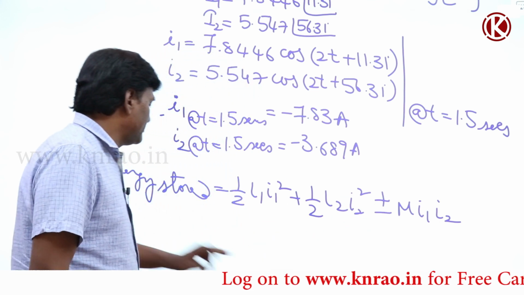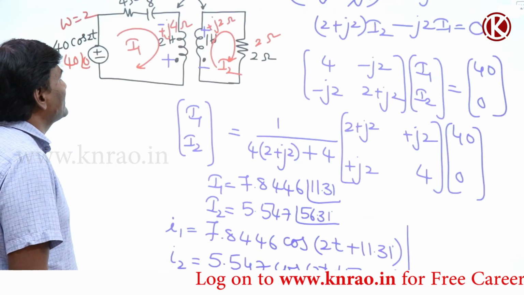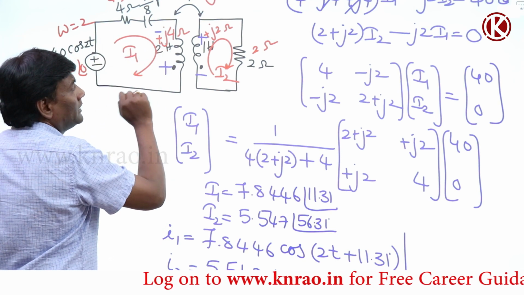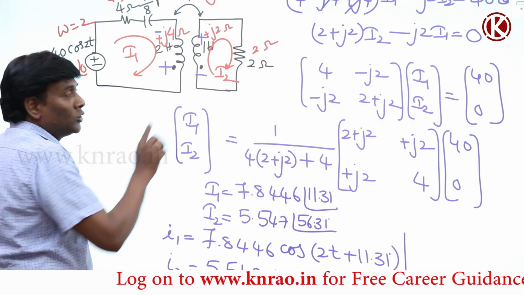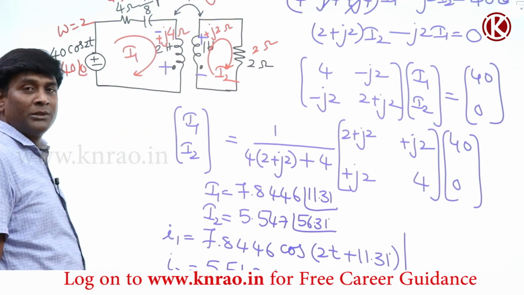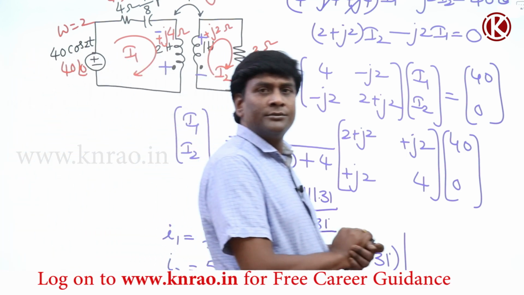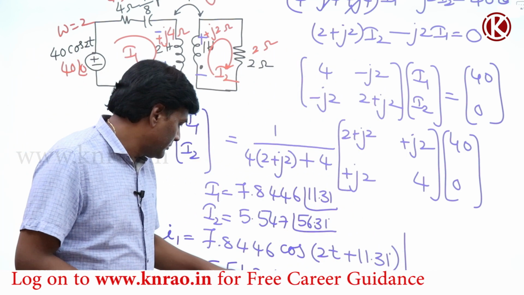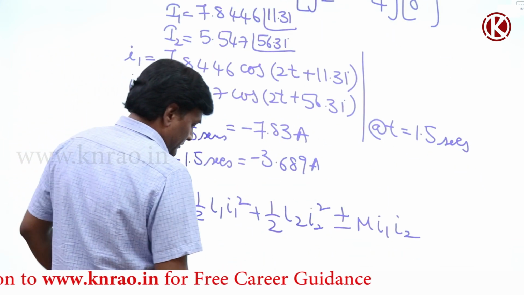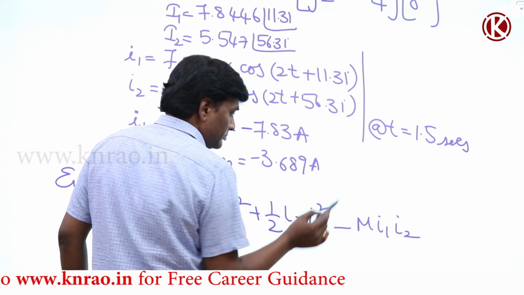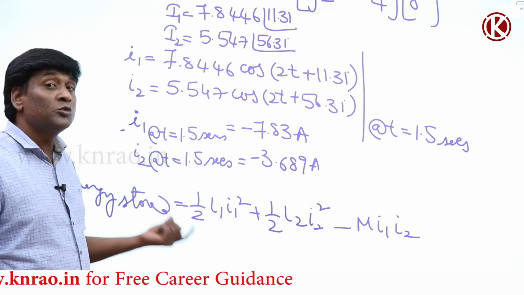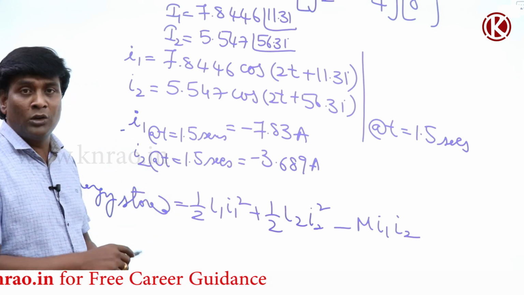So let us see. Now the dots and current directions I have said, current is entering into undot, current is entering into dot. So one current is entering into dot, another current is leaving from the dot, so we have to consider here minus.